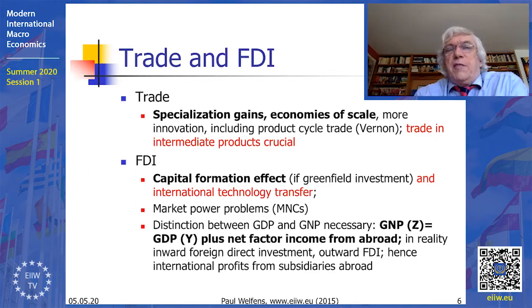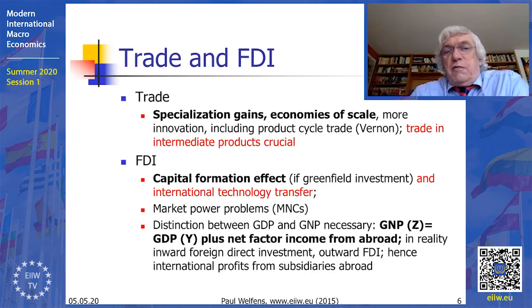So that's really interesting. And of course, foreign direct investment and the role of multinationals is important. If we think about foreign direct investment flows, we have, of course, a capital formation effect if this is greenfield investment. And in all cases, even if you just have international mergers and acquisitions, that's more than half of world FDI transactions, then you have an international technology transfer effect.